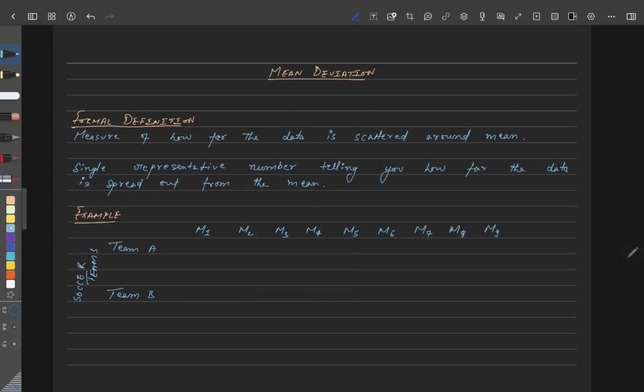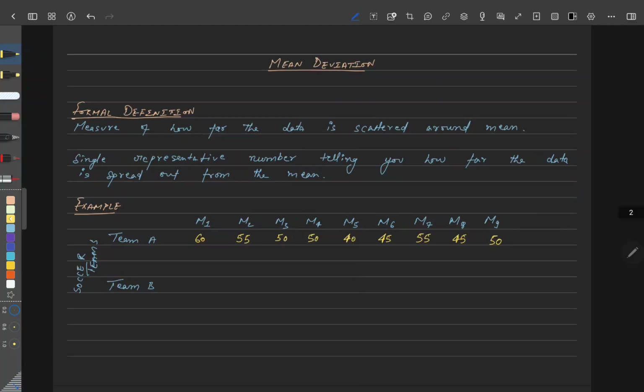Let us see for team A. So in match 1, team A scored their first goal at the 60-minute mark. Similarly, on match 2, they took around 55 minutes to score their first goal. In match 3, they took 50 minutes and so on.